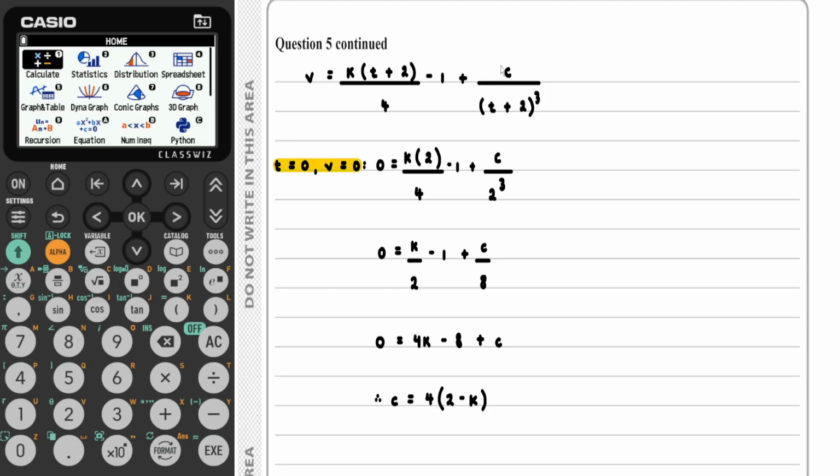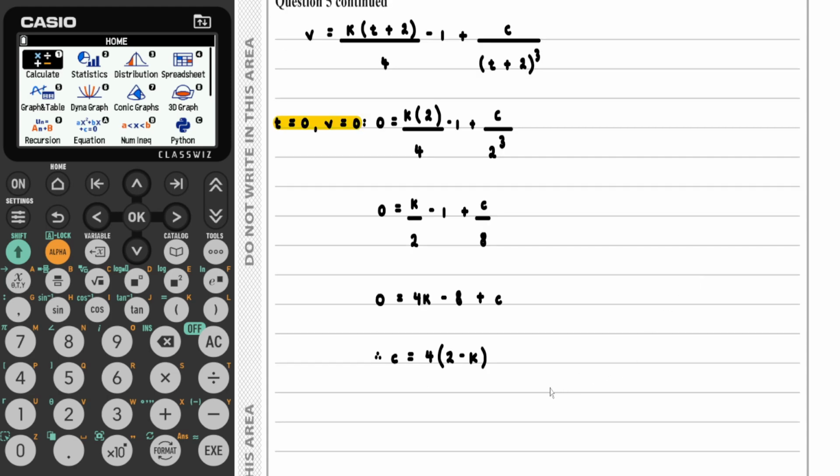I can replace this c with 4 times (2 subtract k), and in doing so we end up with v equals k times (t+2) over 4 subtract 1 plus 4 times (2 subtract k) over (t+2)^3. This is our general solution.